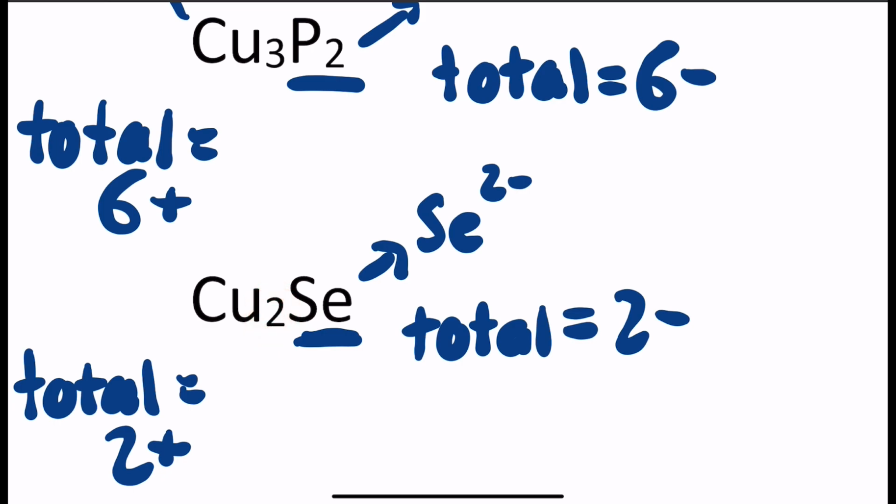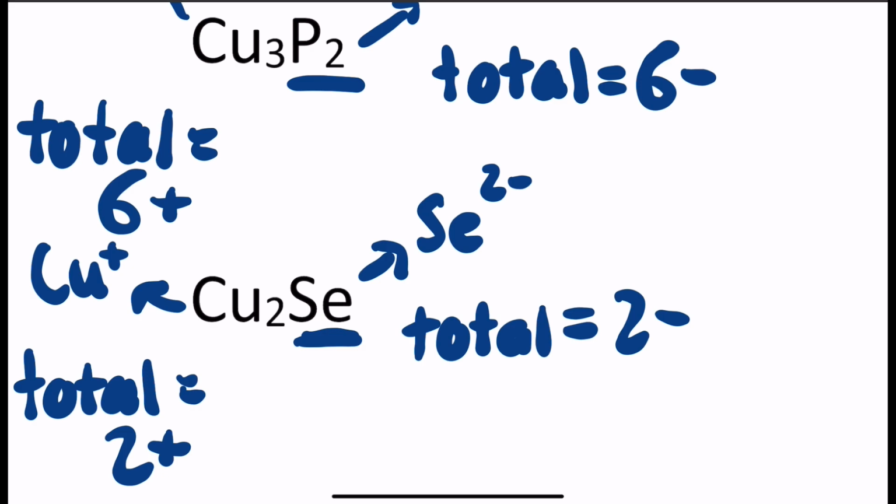So you have to ask yourself, well, what does the charge of every individual copper ion have to be if there's 2 of them that add up to a +2 charge? And the answer to that is probably going to be something like a 1 plus charge. And you can write this as a 1 plus, or you can write it as a single plus sign, but each individual copper has a 1 plus charge. So they add up to a total of 2 plus.